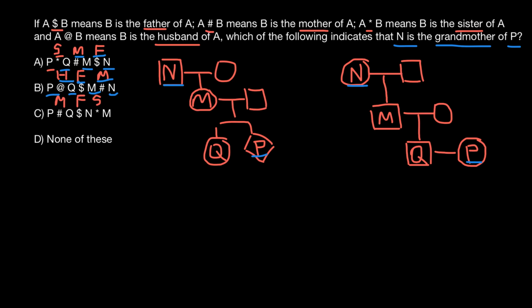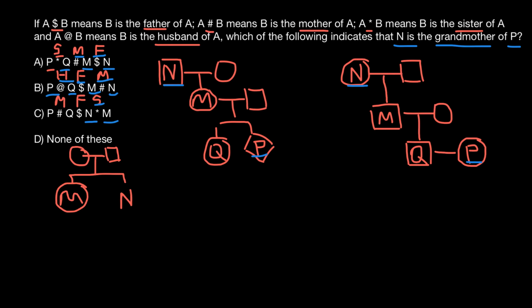So let's check the last answer, and here we see that M is a sister of N. We also can add parents on top.